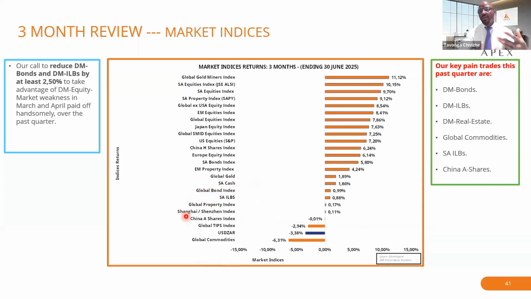But if you think about it, this is where, in the absence of rate cuts and in the absence of a pure recession, some of these are not going to do well. So it is sort of expected. But I want to end this note by saying, as much as global TIPS, which is inflation linkers, and global bonds have not done well this quarter, remember, we reduced them by 2.5 in March and April in favor of global equity.